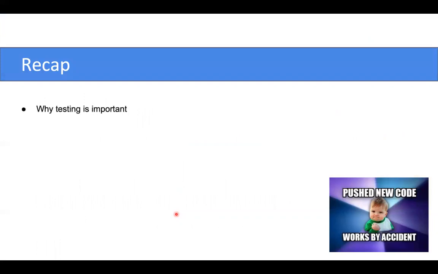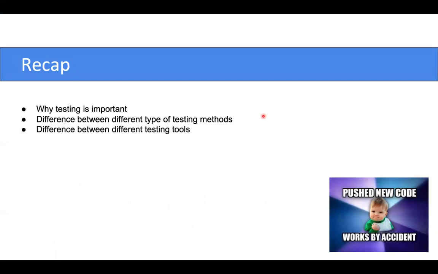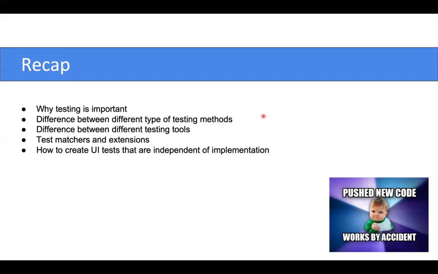So just to recap before we stop, we talked about testing, why testing is important, the difference between different types of testing methods, and different types of testing tools. We talked about test matchers and extensions, and how to create UI tests that are independent of implementation.